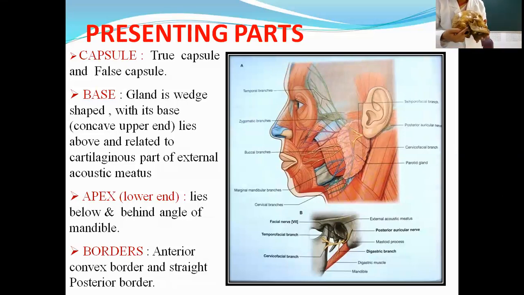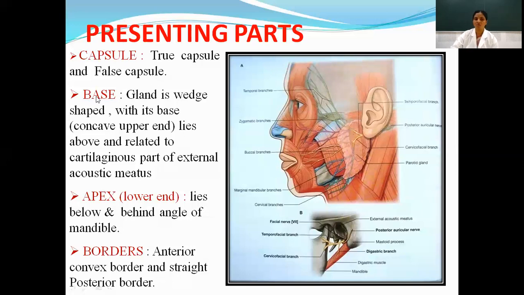From this styloid process to the angle of the mandible, the part of this deep lamella is thickened in the form of the stylomandibular ligament. This stylomandibular ligament separates the parotid gland from the submandibular gland.